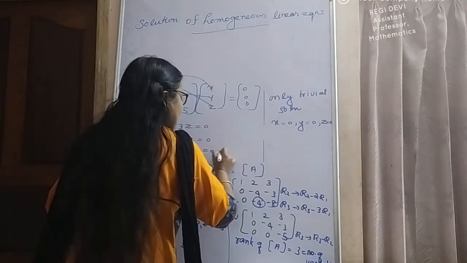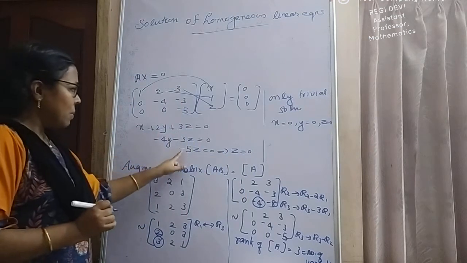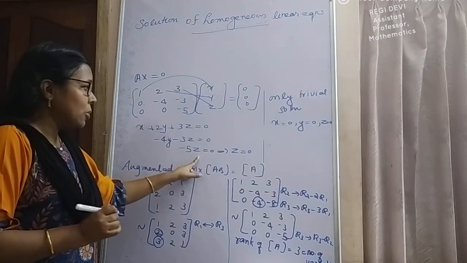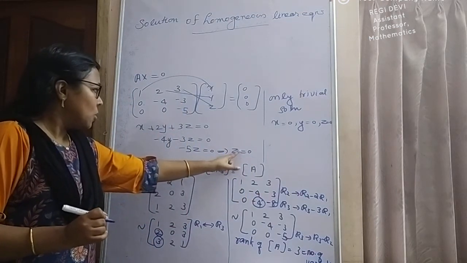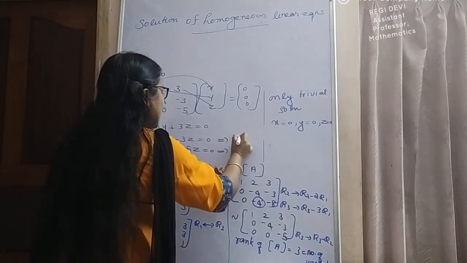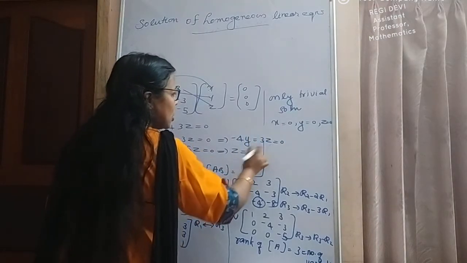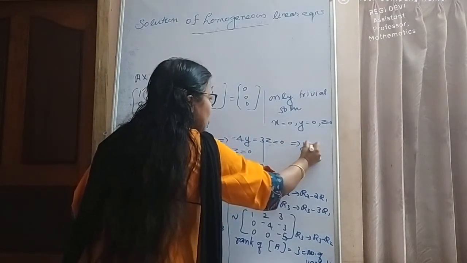From the last equation, minus 5z equal to 0, therefore z equal to 0. From the second equation, minus 4y minus 3z equal to 0, z is 0, therefore y equal to 0.